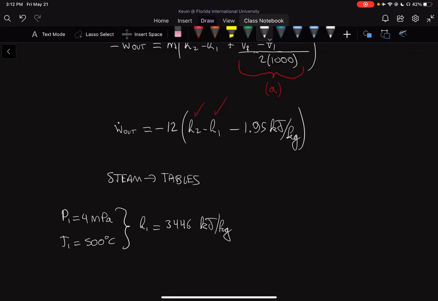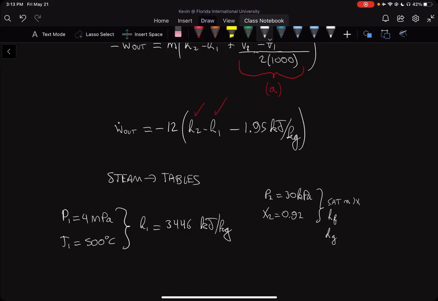Now, in order to find h2, we can use our information at 2. So we have P2 is equal to 30 kilopascals, much lower pressure, and we're told that x2 is equal to 0.92. So we know that we have a saturated mix. So we're going to go to our pressure table and find hf and hg, because we know it's between hf and hg since we have a saturated mix.